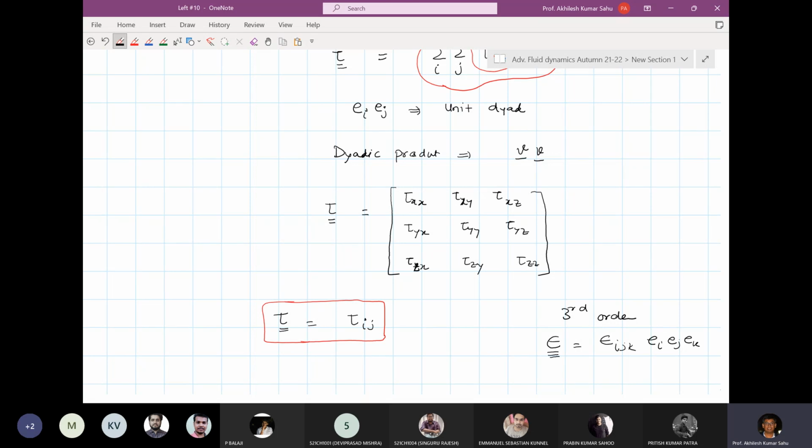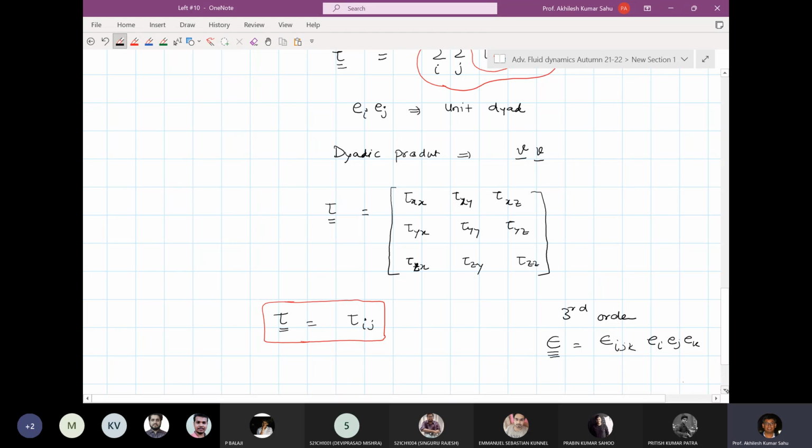We rarely see third order tensors. The only third order tensor we see, in the cross product, is this epsilon, the alternating unit tensor. We know that property, right? For a cyclic combination of ijk it's 1, non-cyclic it's -1, and otherwise if any two indices are repeated, then its value is 0.